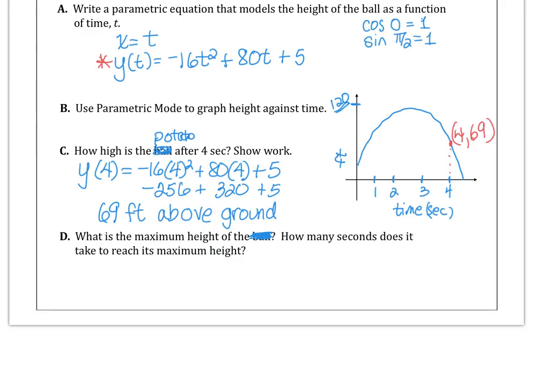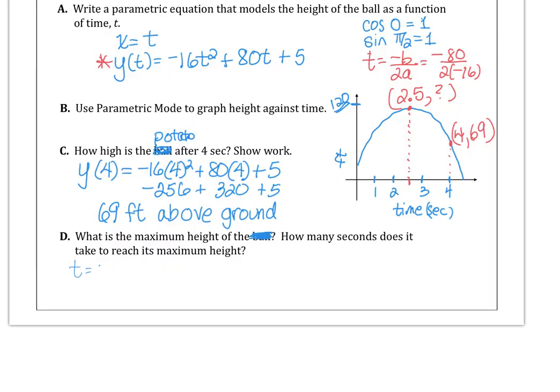Well, think about this. You know that from quadratics, the maximum or the vertex can be found by opposite b over 2a. So if we did that calculation, t is the opposite of b divided by 2a. The opposite of b is negative 80. A is negative 16. So at 2.5 seconds, we're going to get a maximum height. What's that maximum height there?